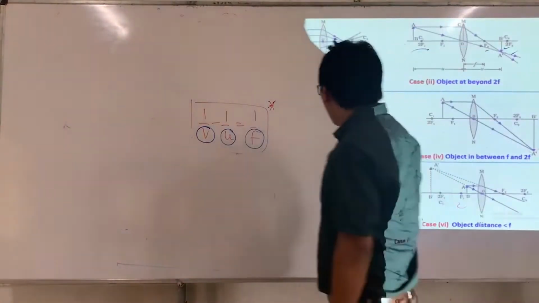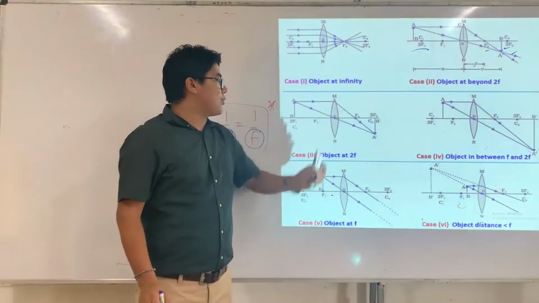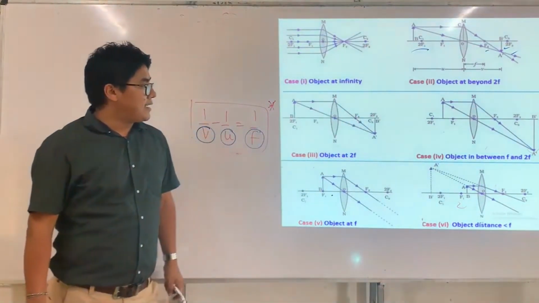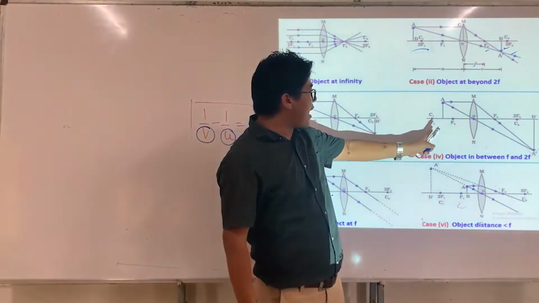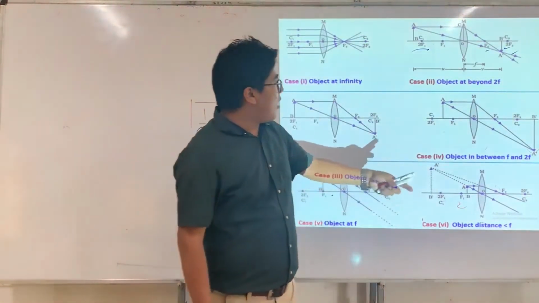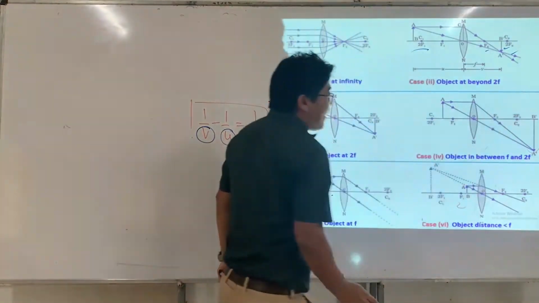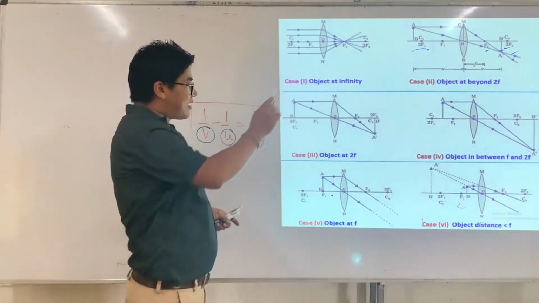If the object is at 2F, the image is formed at the other 2F, the same size, again inverted, and it is a real image. And if the object lies between 2F1 and F1, the image forms between 2F and infinity, and the image is enlarged.